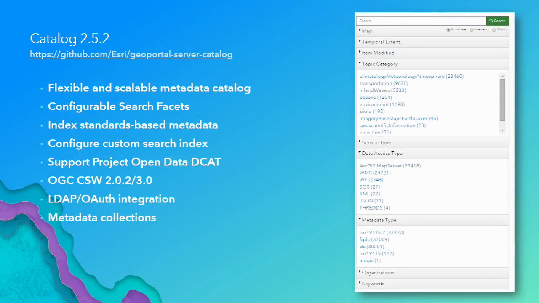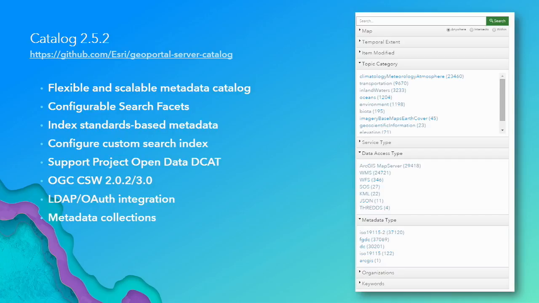So this new catalog is basically rebuilt entirely. The older version of the Geoportal used JavaServer Faces as the front end, and we switched to HTML and JavaScript because that's what we do nowadays. We use Elasticsearch as the back end, which gives us this scalability and flexibility, and also gives us these facets that you can see on the right-hand side.